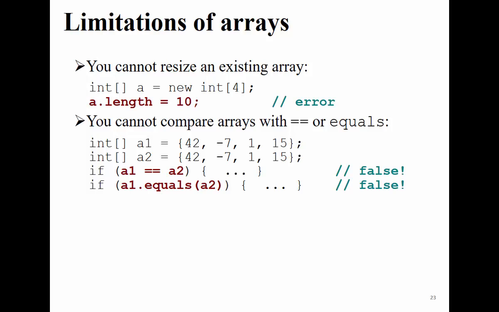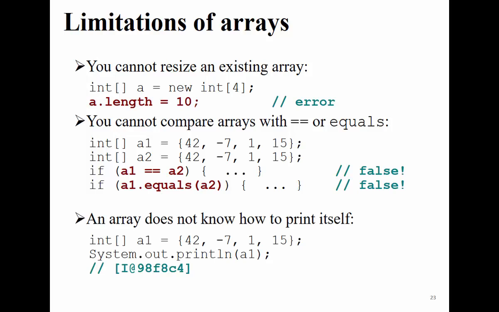We cannot use a1 dot equals a2 either, because there is no dot equals with that object. To do the equal of all the elements, you have to visit all the elements and make sure they are equal. Okay.